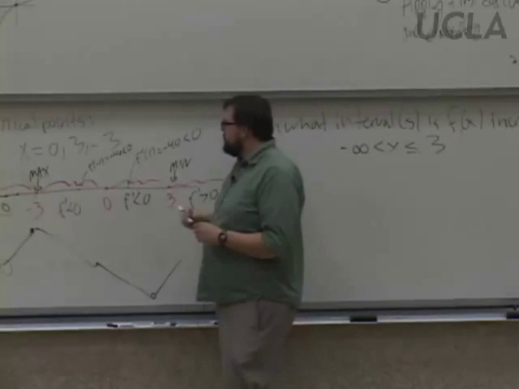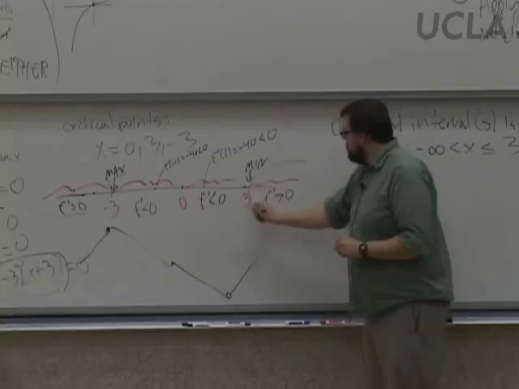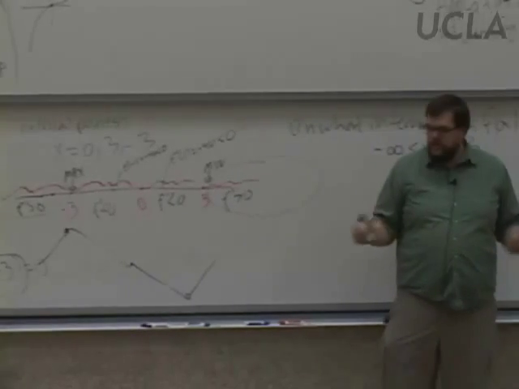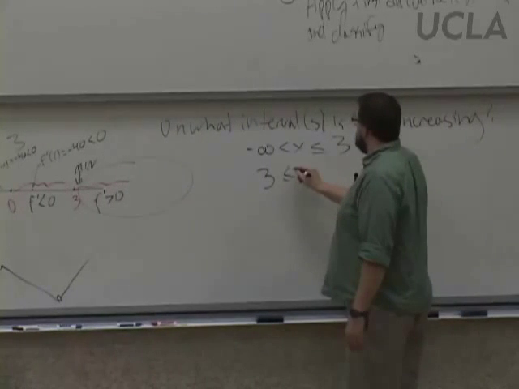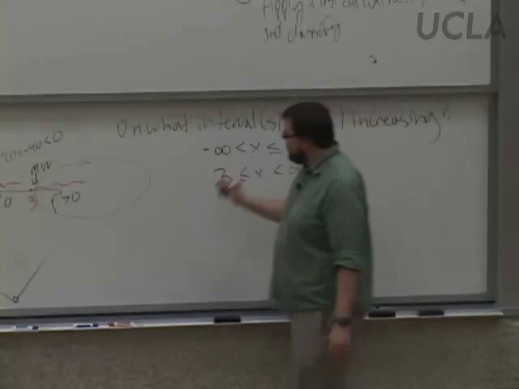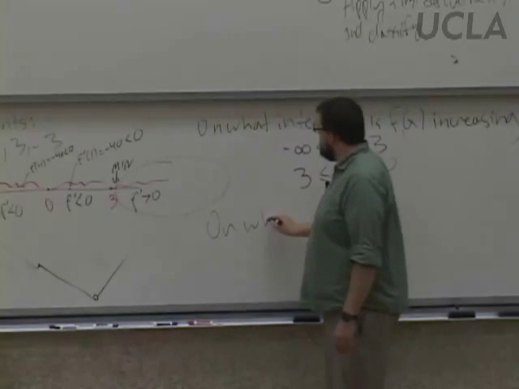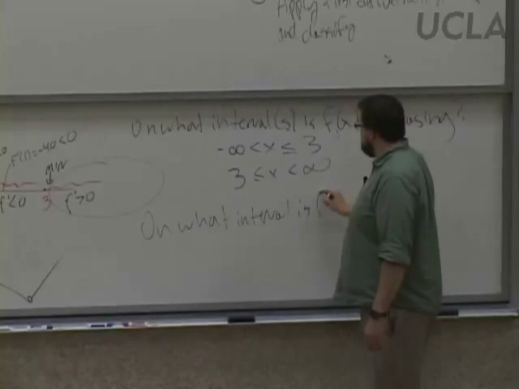Is there anywhere else where the derivative is positive for an interval? Yeah, over here, right? Where f prime is greater than 0 again. So the other interval, so there are two in this case, you start at 3 and go all the way up to infinity. Now we can also ask a similar question. On what interval is f of x decreasing?